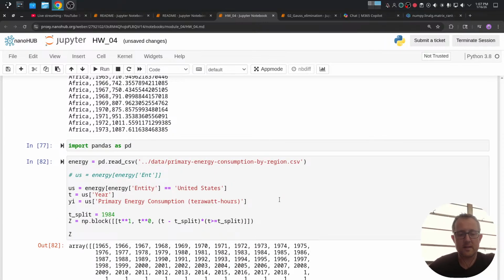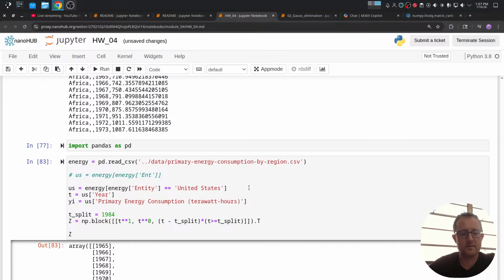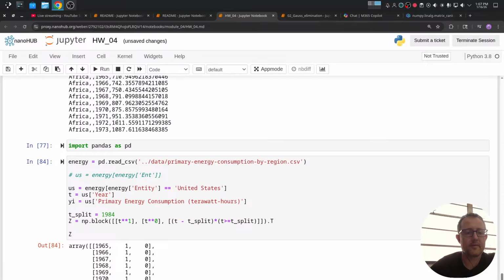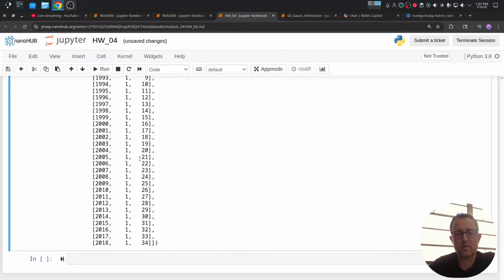And let's look at what Z turns out to be. I use block and then take the transpose. Oh my God, we need to close that. Open this, close that, open and close. There we go. So now I've got each vector. My first column is the actual dates, T. Next column, T to the 0, is all 1s.